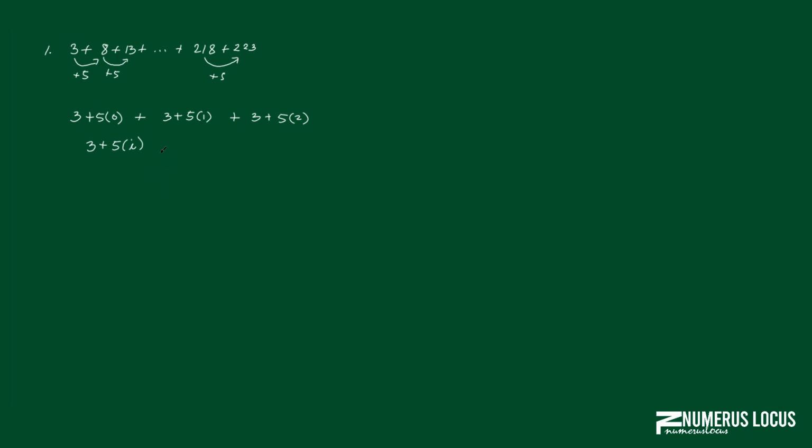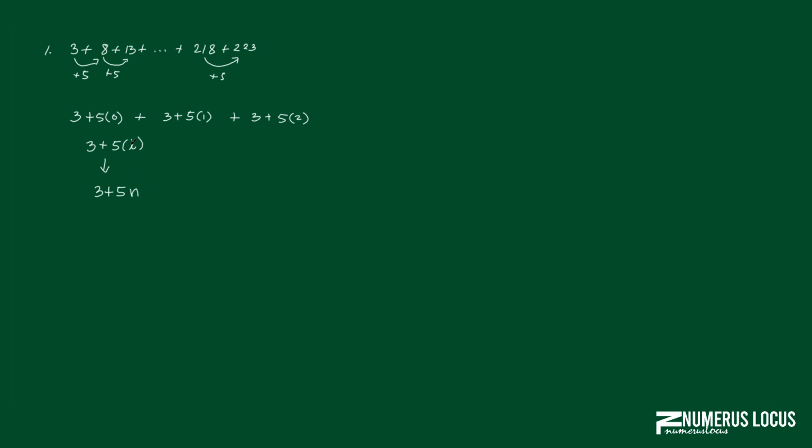And the next thing that we need to identify is the number of terms so that we will be able to come up with 223 as the last term in the series. So to do that, we're going to convert our working summand. We're going to replace i with n because n is the representation of the number of terms.